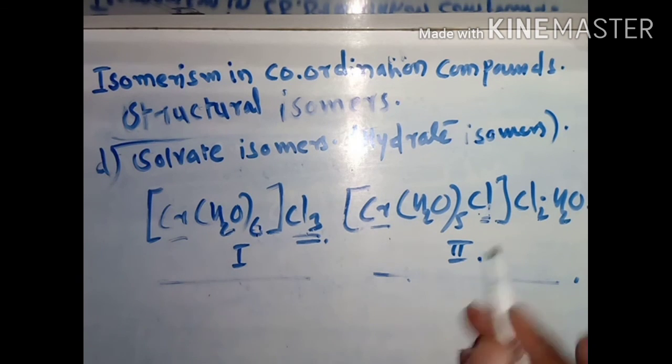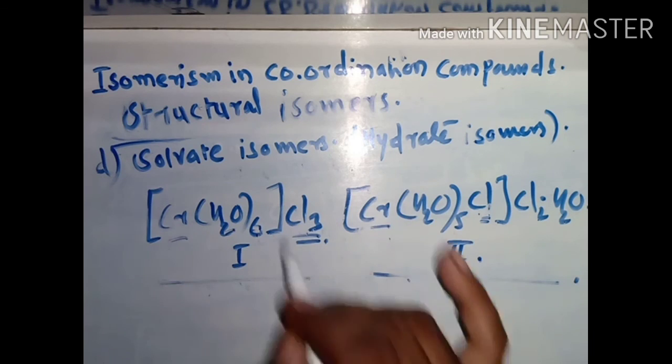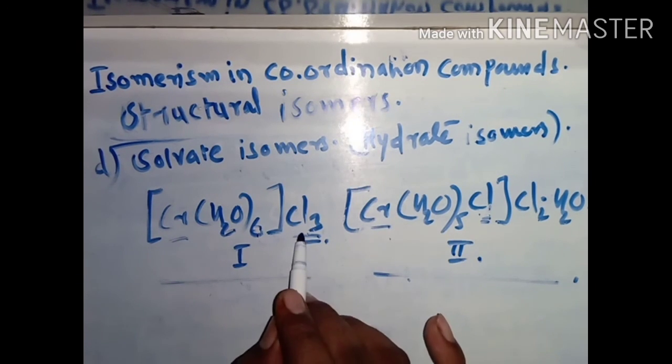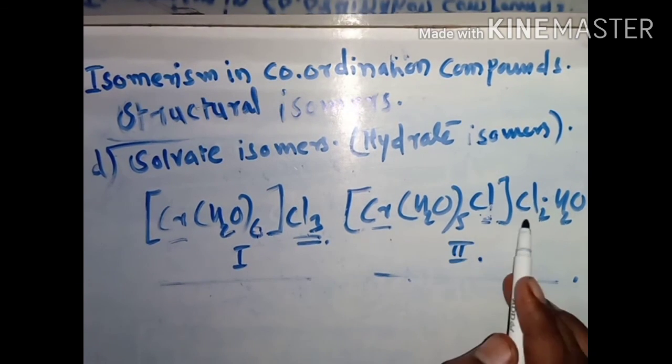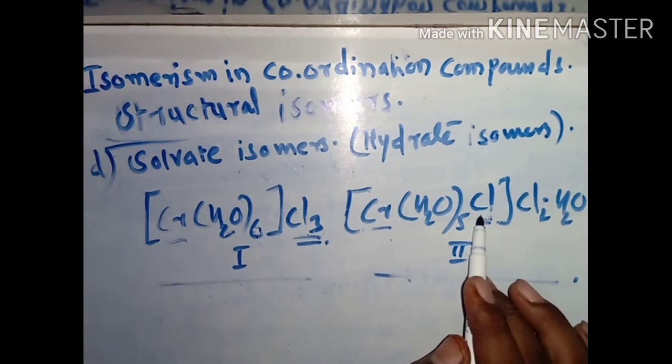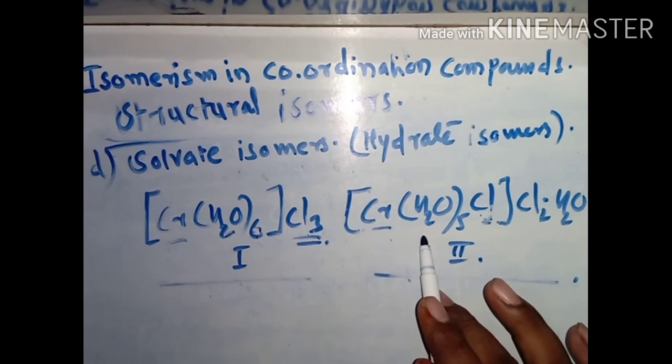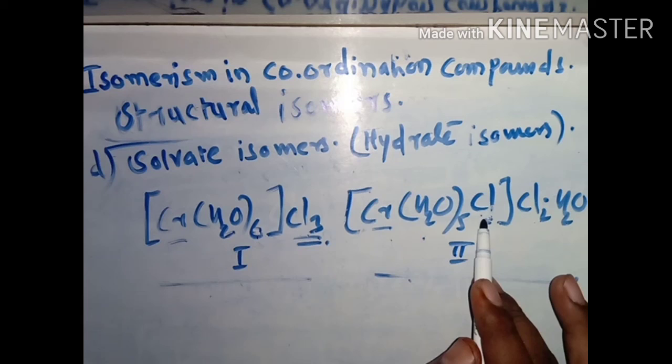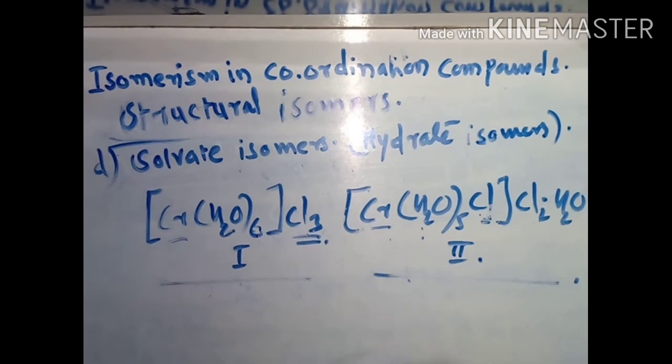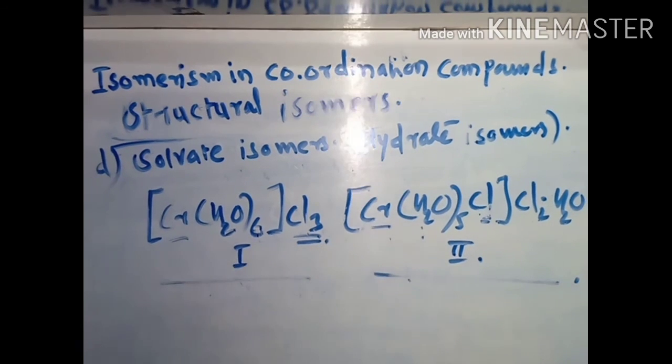Now there is another exchange of molecule that takes place. Here only one Cl is exchanged by H2O. 2 Cl will also be exchanged by 2 H2O, and 3 Cl will also be exchanged by 3 H2O. So in this way all the H2O molecules can be exchanged by the anions. Such type of isomers are termed as solvate isomers. Okay.